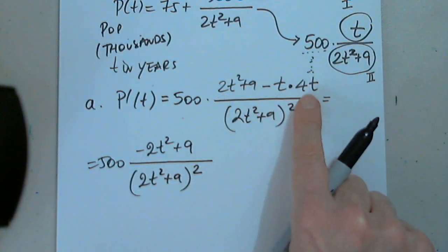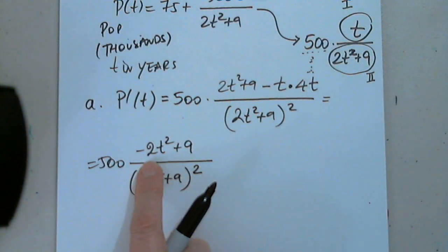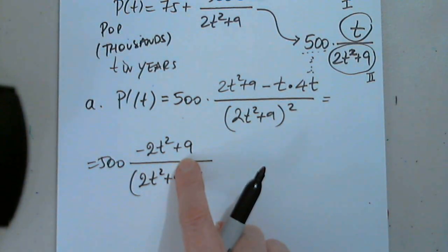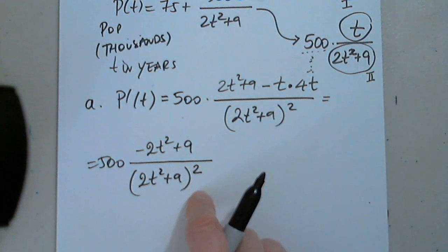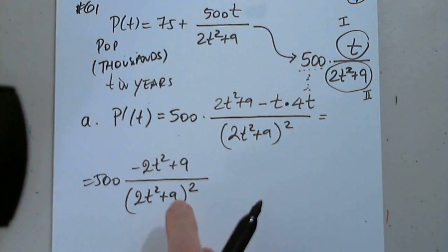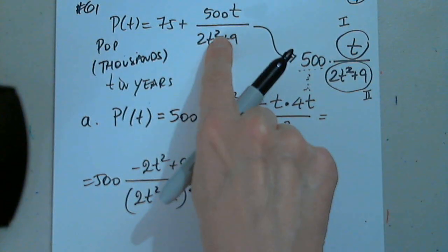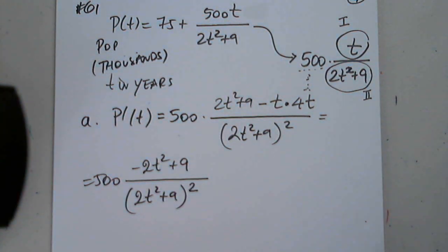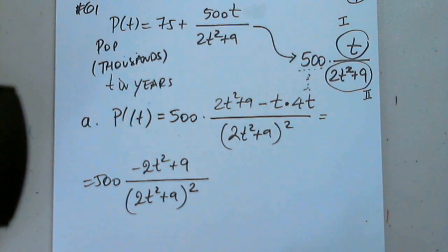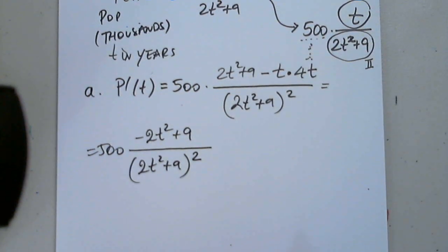So 2t squared minus 4t squared is negative 2t squared and then plus 9. This is the rate of change, the function that gives the rate of change of that function. You know the drill. Everywhere where there is no corner, cusp, and so on and so forth, the function is differentiable. Awesome.